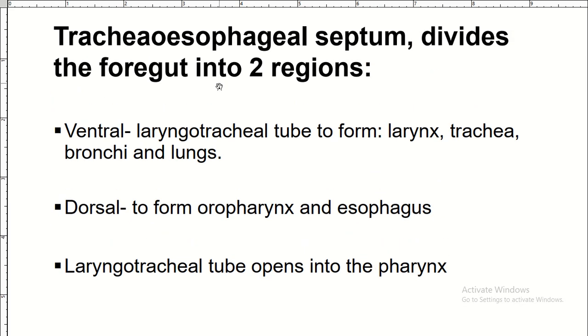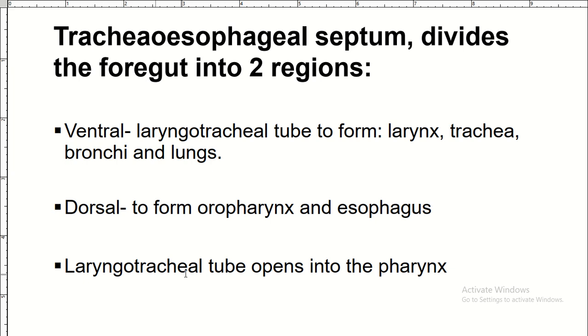So the tracheoesophageal septum divides the foregut into two regions: the ventral one, the laryngotracheal tube, to form the larynx, the trachea, the bronchi, and the lungs. And then dorsal, you're going to have the oropharynx and the esophagus, right?